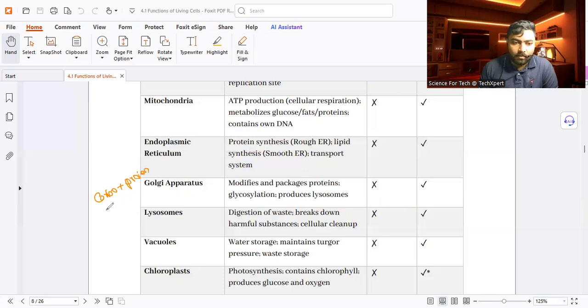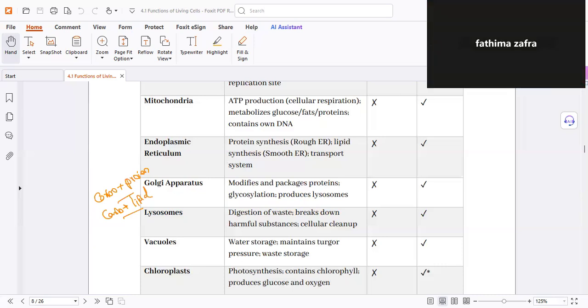When carbohydrate is linked with lipid, it is known as glycolipid. That's all. Okay, sir.